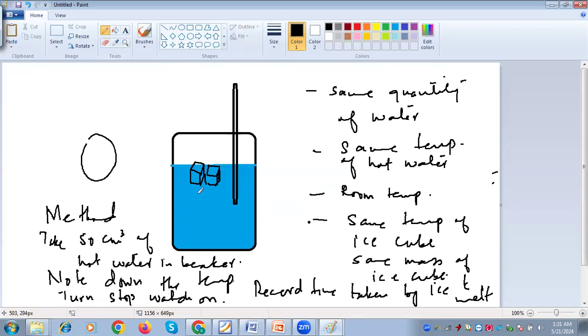Okay, and one thing which I have not mentioned, you have to wrap the paper sheet around it.